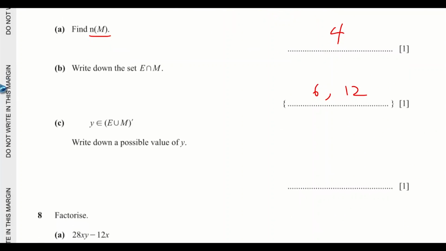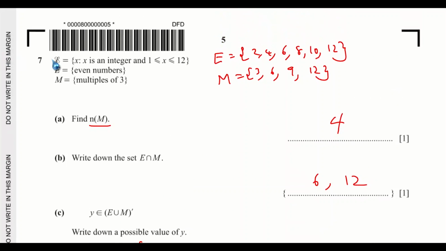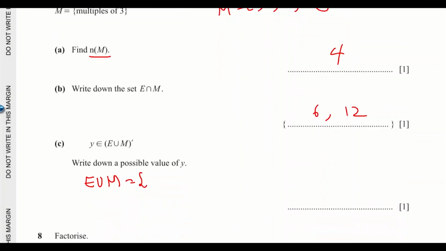Part C, Y is a member of the complement of E union M. Write down a possible value of Y. The first thing we need to do is to get the complement of E union M. So let's firstly get the union of E and M. We need to combine the two sets, set E and set M. So we combine them together.